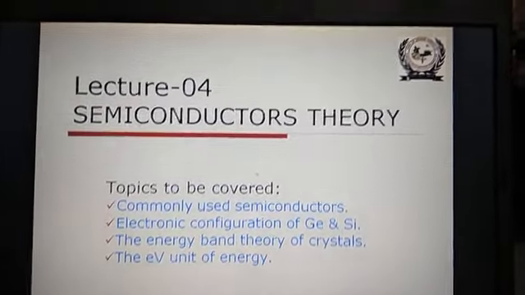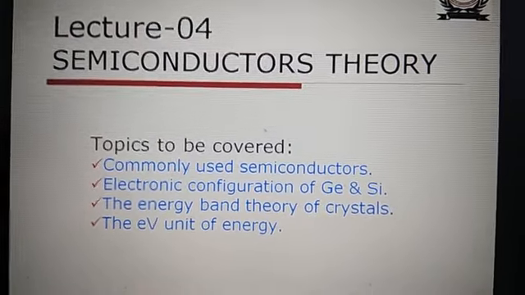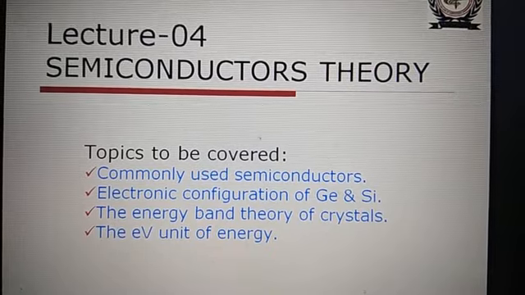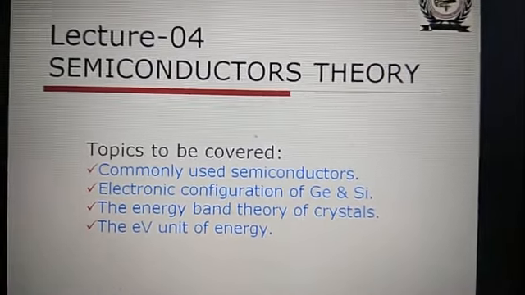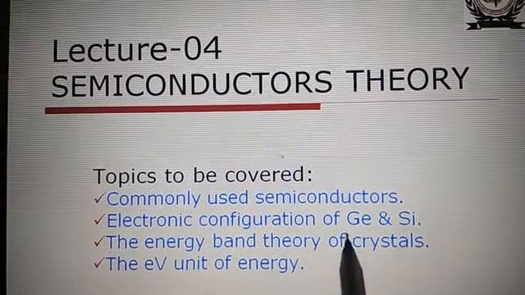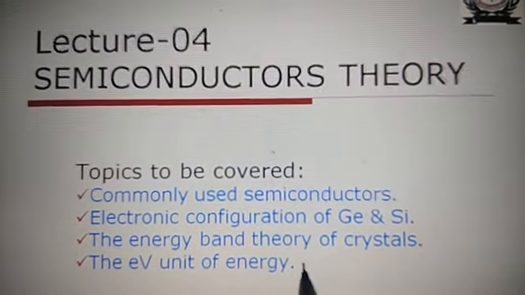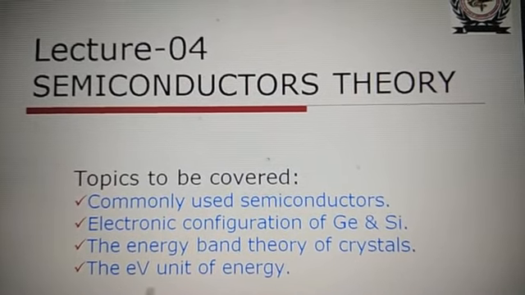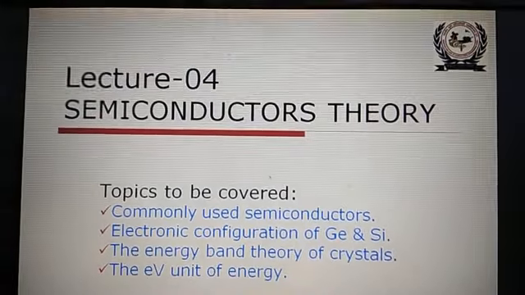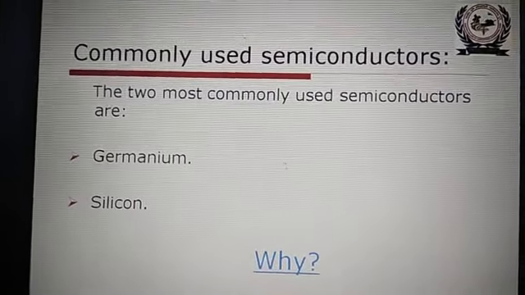What we will cover in semiconductor theory: commonly used semiconductors, electronic configurations of the two important semiconductors, germanium and silicon, the energy band theory of crystals, and the electron volt unit of energy. That we have to go through in this part. Later on we will again go into the depth.